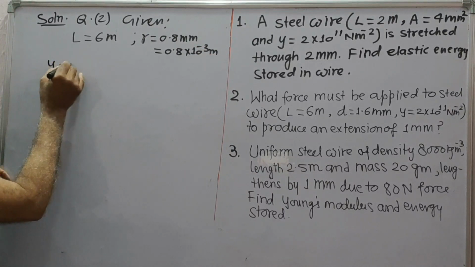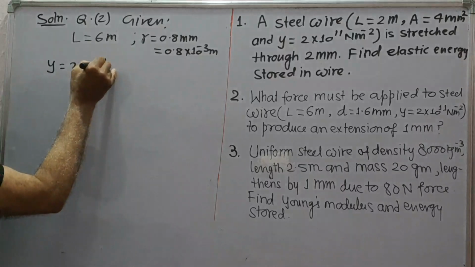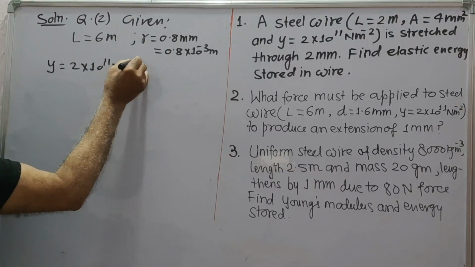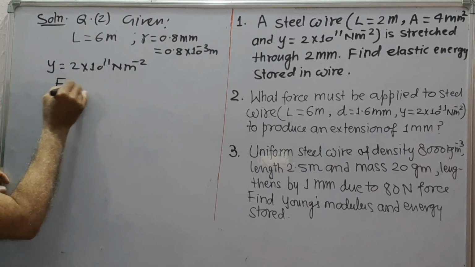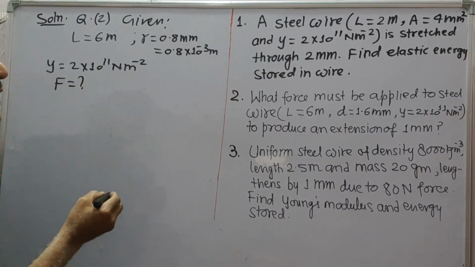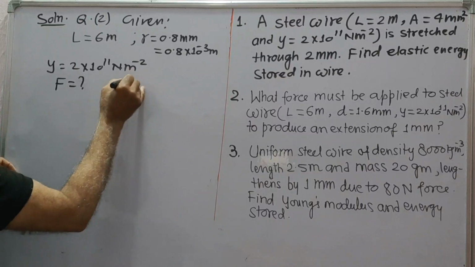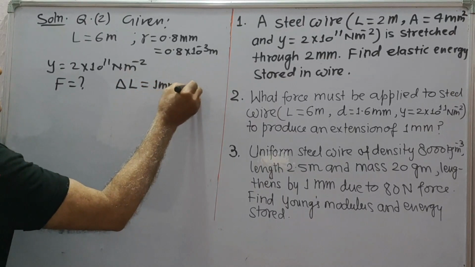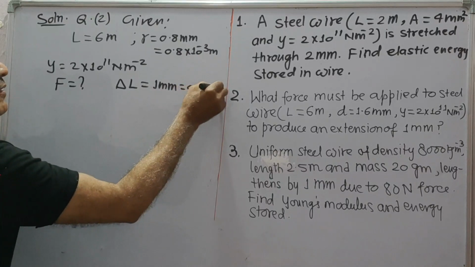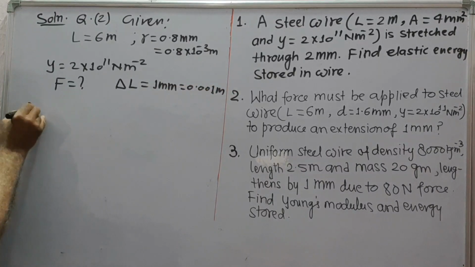Young's modulus 2 into 10 to the power 11 Newton per meter square. Force is to be calculated. Extension is 1 millimeter, means 0.001 meter.